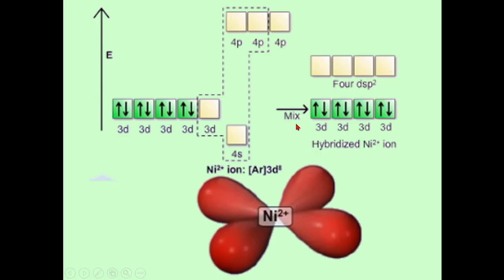which are going here. The 3d orbital has 5 orientations, and now the 3d orbital has 4 orientations. The fifth one goes toward hybridization, so it takes part in hybridization.